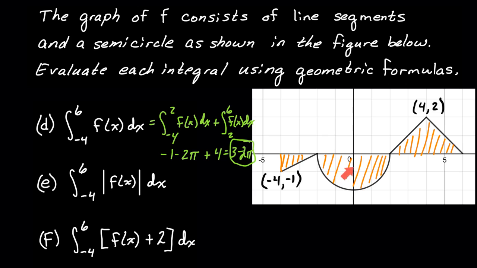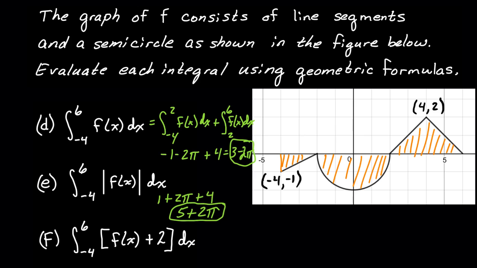This would be a positive 2 pi. And so the area would come out to 1 plus 2 pi plus 4, giving you 4 plus 2 pi for the integral of the absolute value of f of x. So again, absolute value just takes whatever those areas were that were negative and turns them into positive areas.